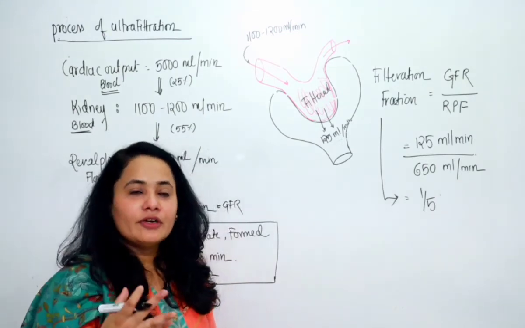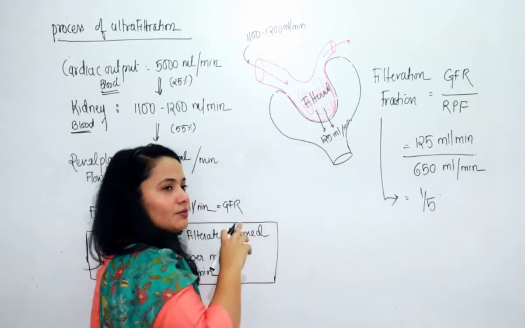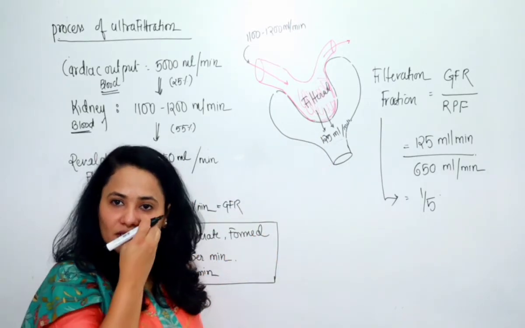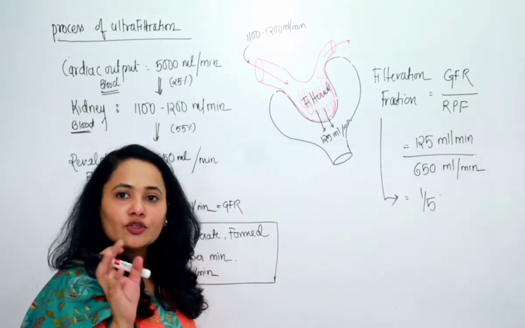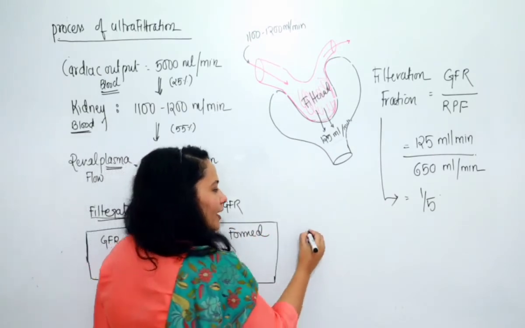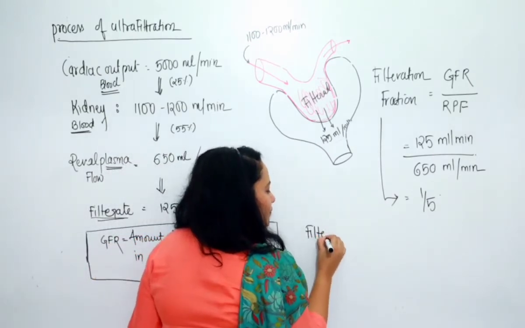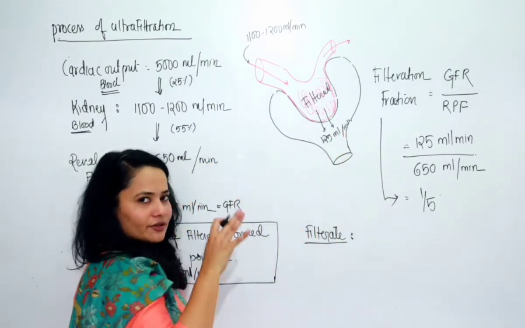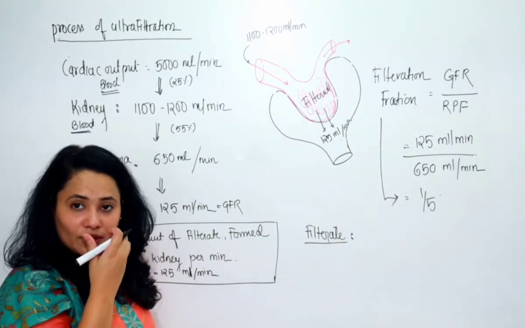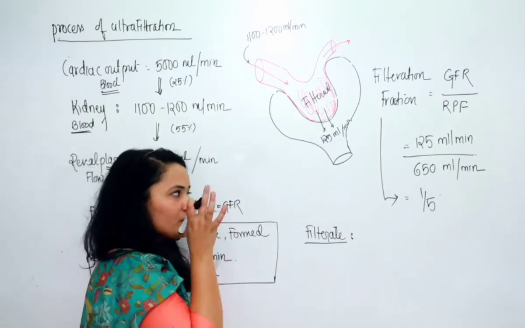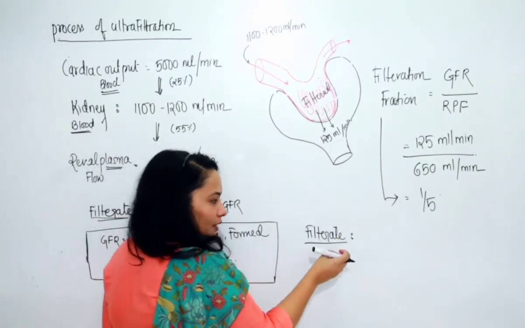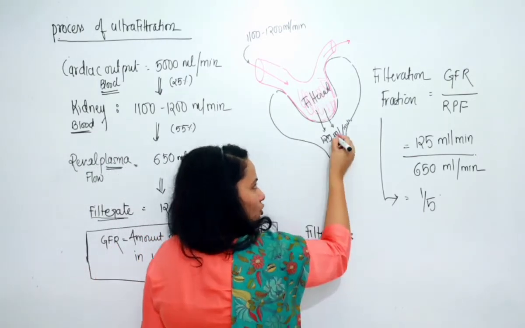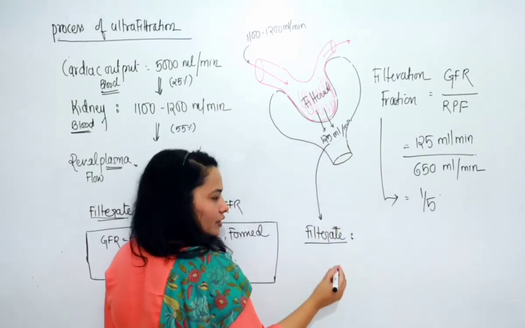Now let us define filtrate. What has come here into the lumen, the lumen of Bowman's capsule, that is what you call filtrate. So let us define a filtrate. We know that the plasma has entered into the glomerulus for the filtration process, and we considered that. So if we ask what filtrate is formed, what has come here is the filtrate. So what is filtrate?